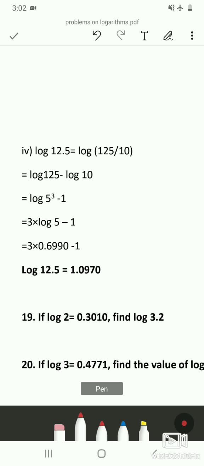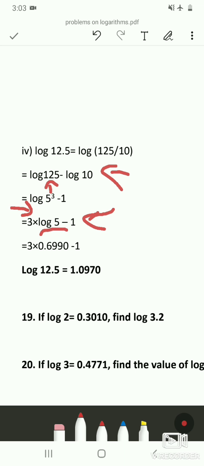So the next sub question is log of 12.5. So 12.5 is rewritten as 125 upon 10. So using the second law, again you can rewrite as log of 125 minus log 10, and 5 cube is 125, and again using the third law we can write it as 3 into log 5, and log 10 is 1, and we know the log 5 value, and simplify.